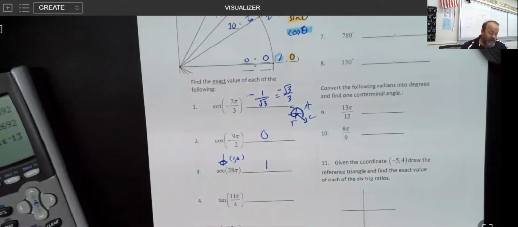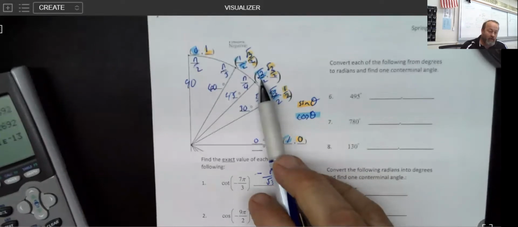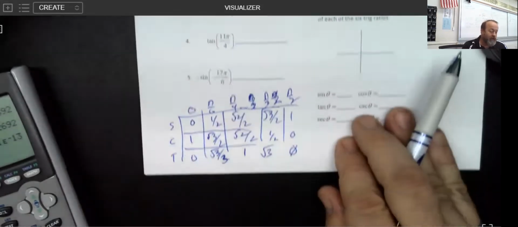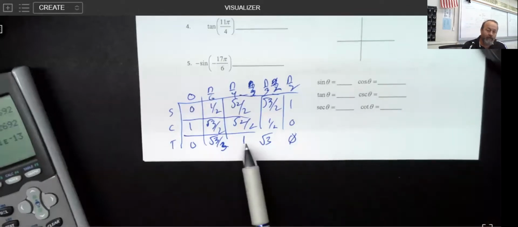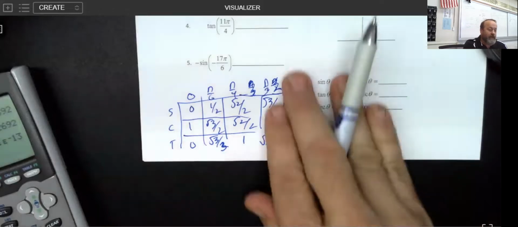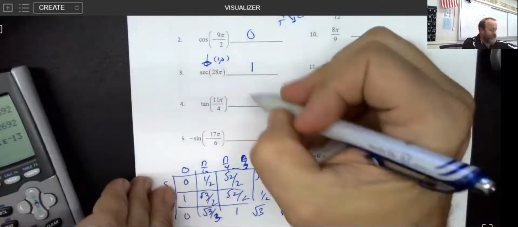Tangent of 11 pi over 4, again, you could either look up here and know that the tangent is the y over the x, or we could look at our grid down at the bottom and know that the tangent of any kind of pi over 4 is right here. So we know it's either 1 or -1 based on the information that we have. So let's go ahead and bring that up. We know it's the number 1.